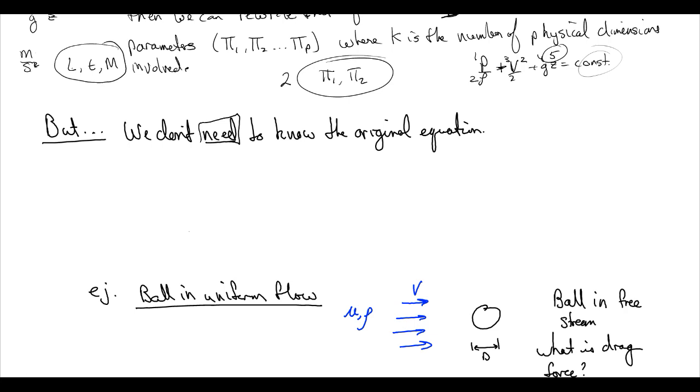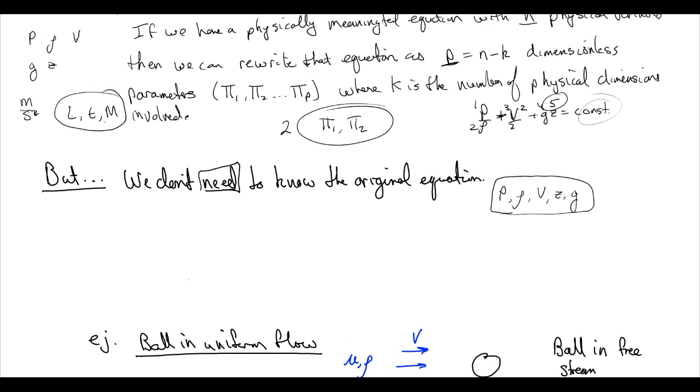We know that the height of the fluid is important, and probably gravity, because if we do this on the moon, it's going to be different, right? So we have 5 physical variables. We know that there are 3 fundamental physical units. So that means we can come up with 2 pi groups. And that's all we need to know. We just need to be able to guess that there are 5 physically important variables, right?